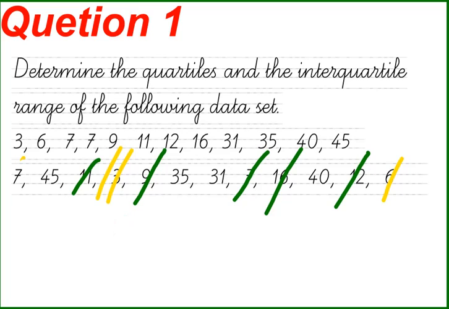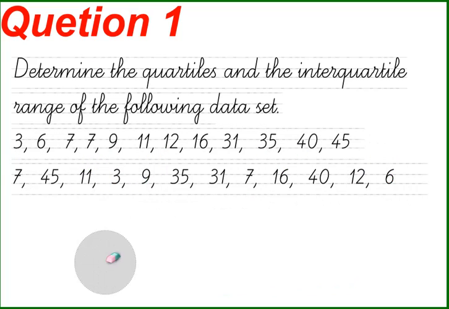Let's just remove those markings so that it's easier to see. So I'm just going to draw a line through that so that we don't get confused. So now let's get our median looking at our ordered data set.